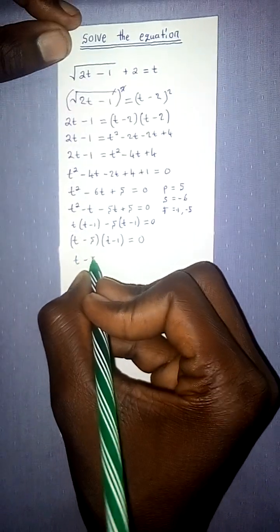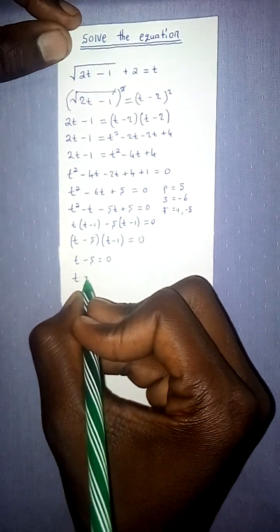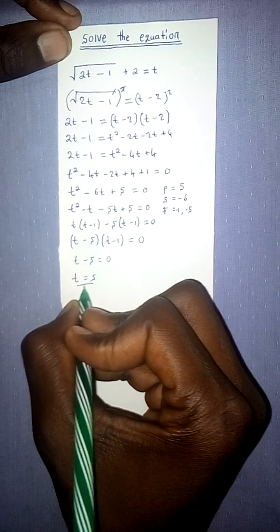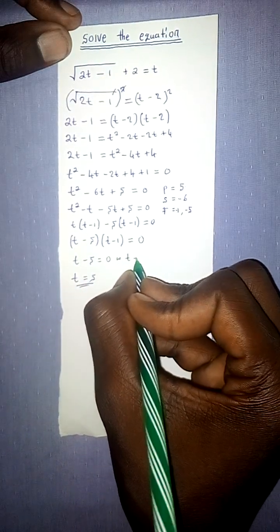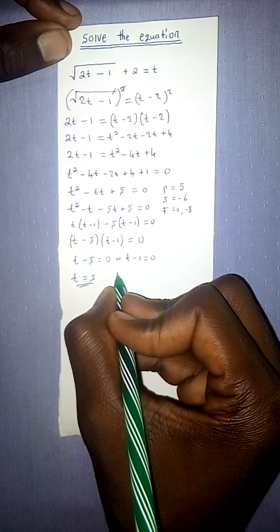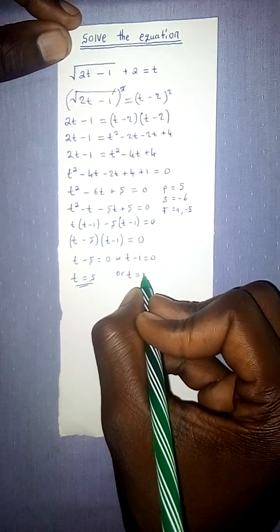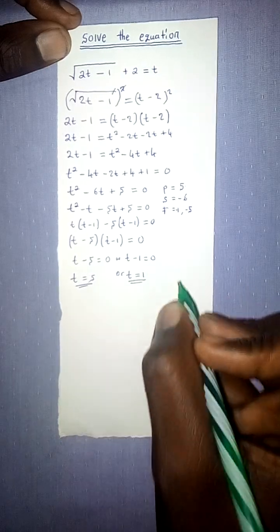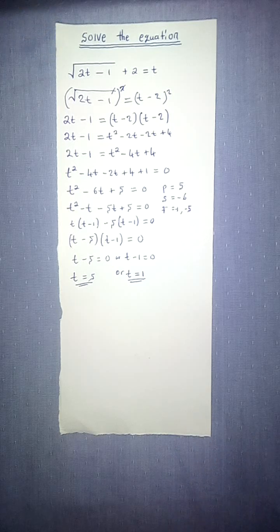So t minus 5 is equal to 0, therefore t is equal to 5, or t minus 1 is equal to 0. Okay, therefore t is equal to 1. Okay, I have my values of t, right?